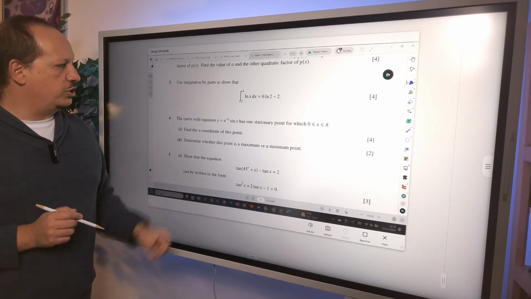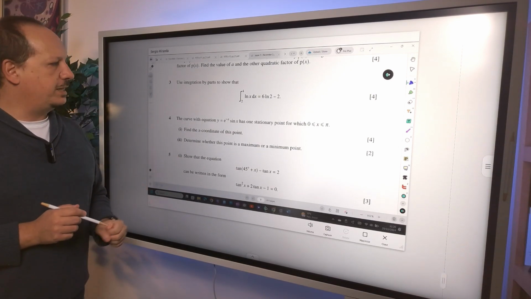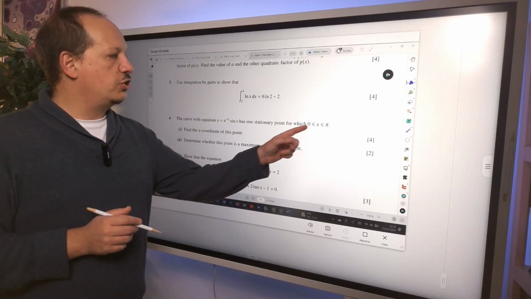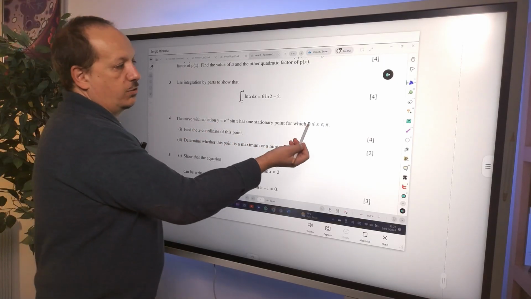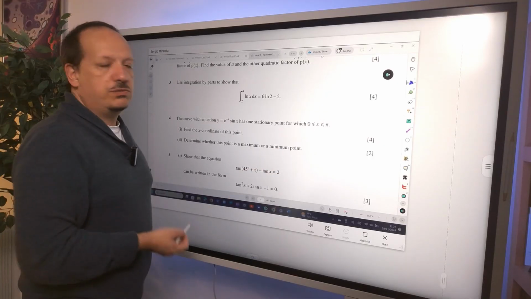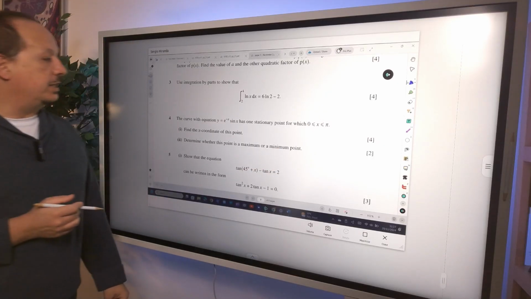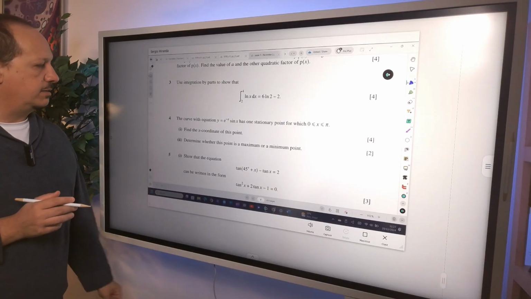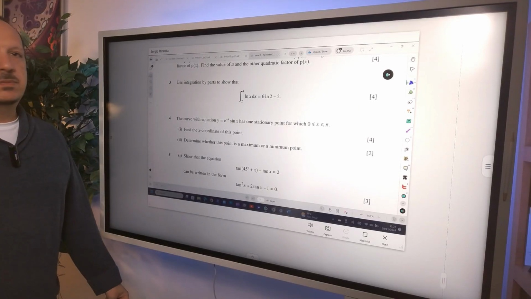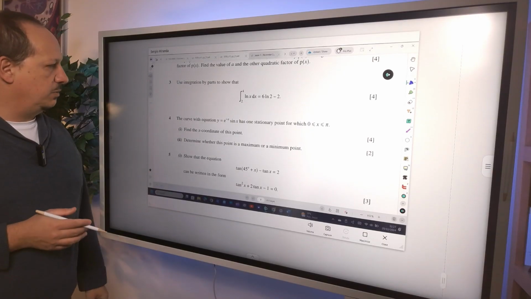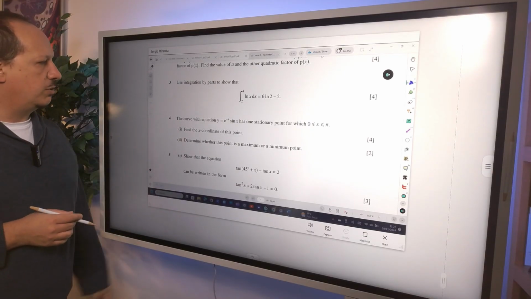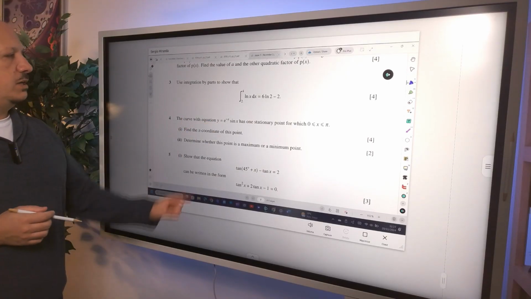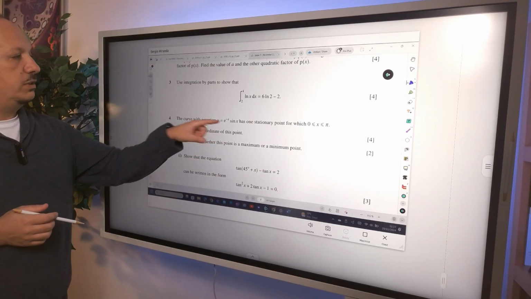The curve with equation y equals e to the power of minus x sine of x has one stationary point for which x is in the interval 0 to pi. Find the x coordinate of that point, that's the first sub-question, and then determine whether this point is a maximum or a minimum point. Again, we are going to the same old stuff that you already know how to do. In terms of concept, you just need to know how to differentiate this.